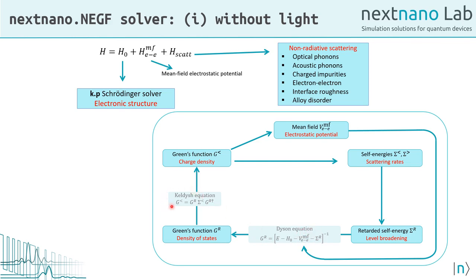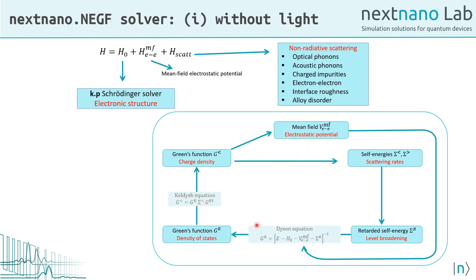And the Keldysh equation allows us to calculate G lesser, that is the charge density, based on the knowledge of the retarded Green functions and the lesser self-energies.